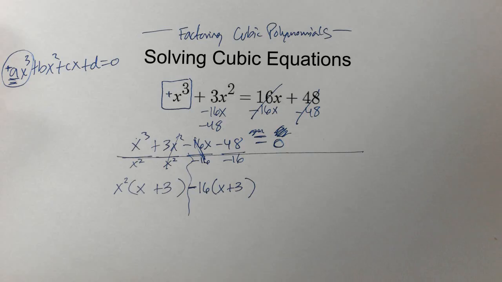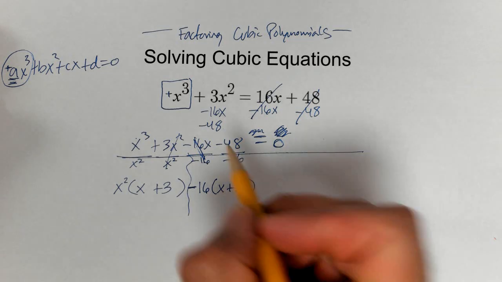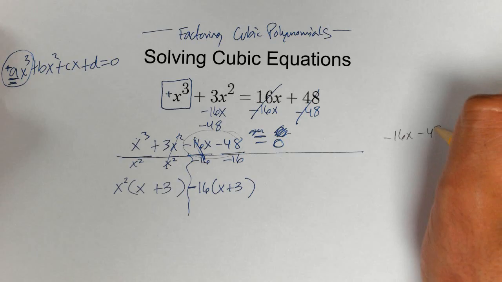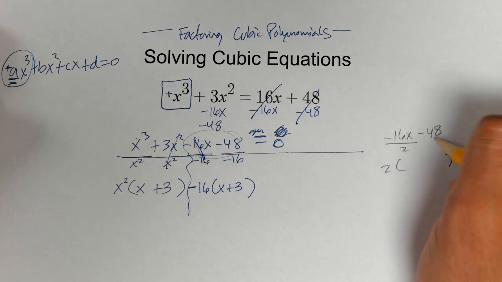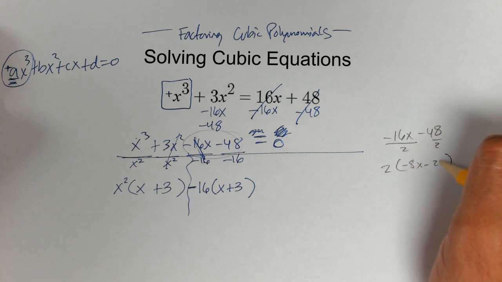Now let's say that you didn't know that it had to be 16, and all you realized was, well, they're both even numbers. Can I divide them by 2 or divide them by 4? If I want to divide this by something else, let's say just take out a 2. If I divide it by 2, we would get negative 8x minus 24.